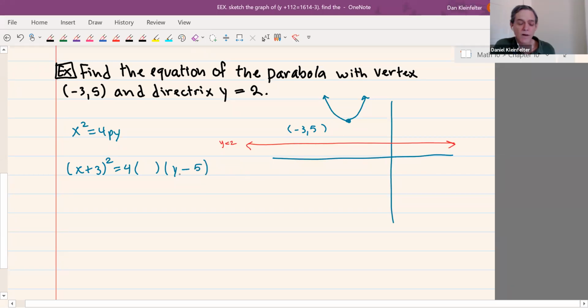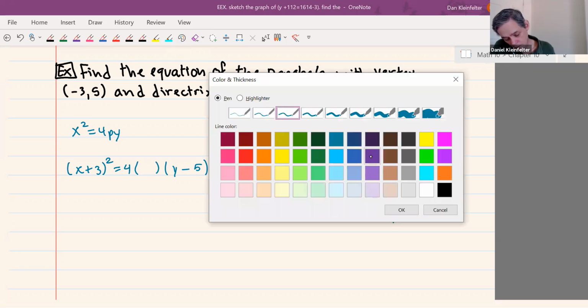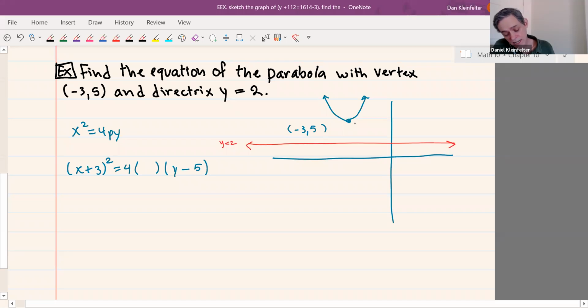Okay, so then all we have to do is figure out the p. To get the p, we need to know how far it is from the vertex to the directrix. That's what p is. So the y coordinate of the vertex is 5, and the y coordinate for the directrix is 2.